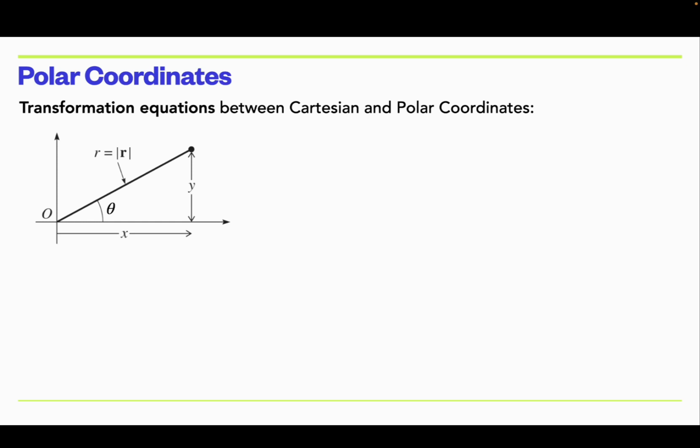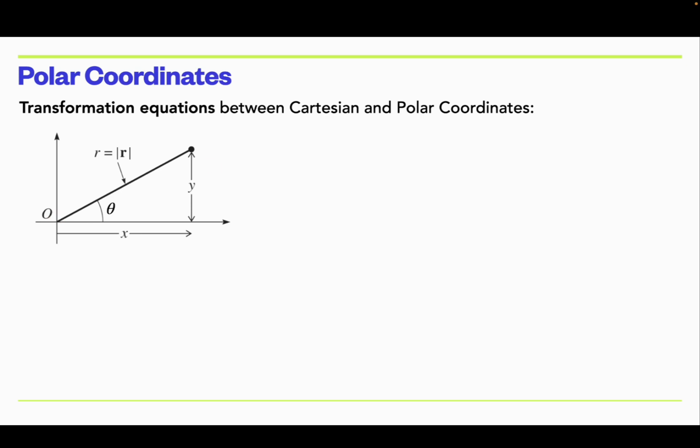Okay, so that was some results for the simple case of a circular orbit. We want to think about more general orbits. In order to do that, we're going to need to use polar coordinates for velocities. So here's a diagram.